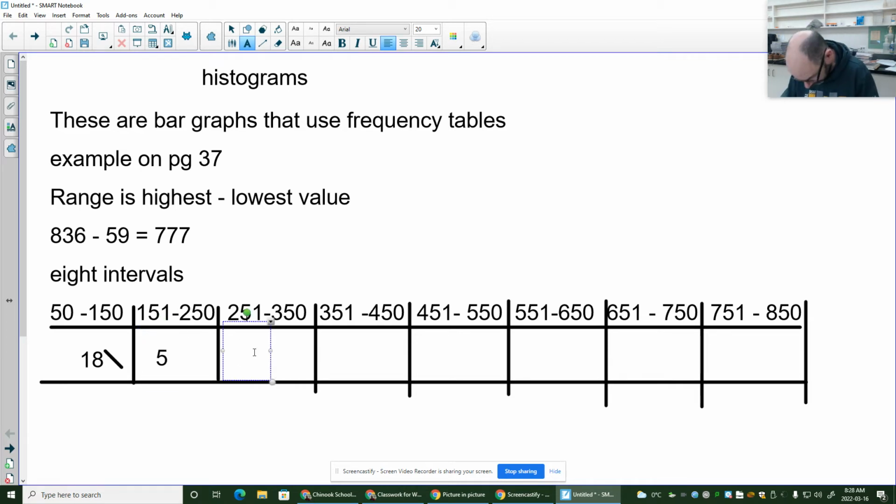Okay, now 251 to 350. 251 to 350 is 1. That's it. 351 to 450. 1. Oh, sorry, this one had 2 in it. There's one that's exactly 350. So we'll fix that one.